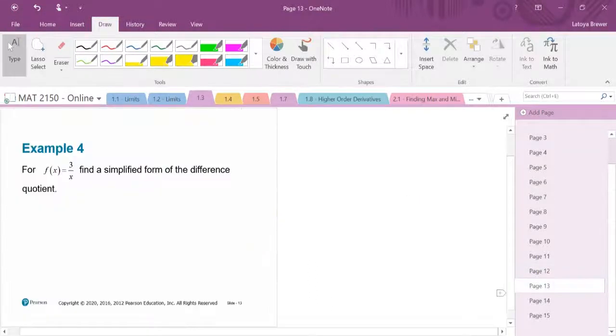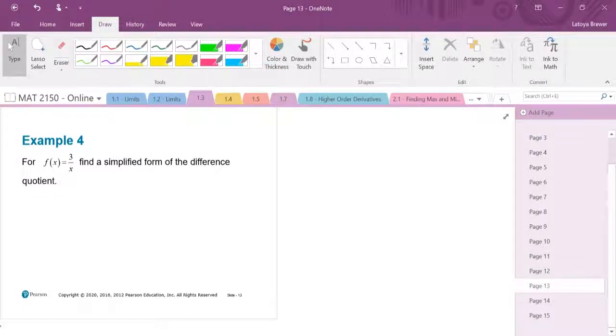Now moving along, let's see what else we have. Example 4 here is asking us to find the same thing.